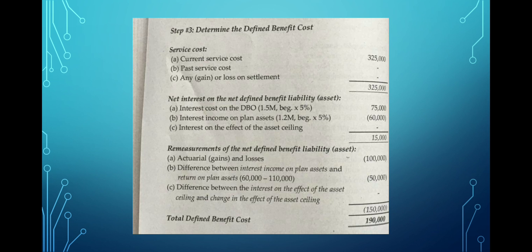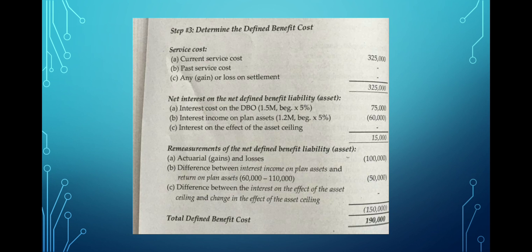And we now have the total defined benefit cost, which is 190,000 pesos. So we just add the service cost, the net interest on the net defined benefit liability asset, and the remeasurement of the net defined benefit liability or asset.